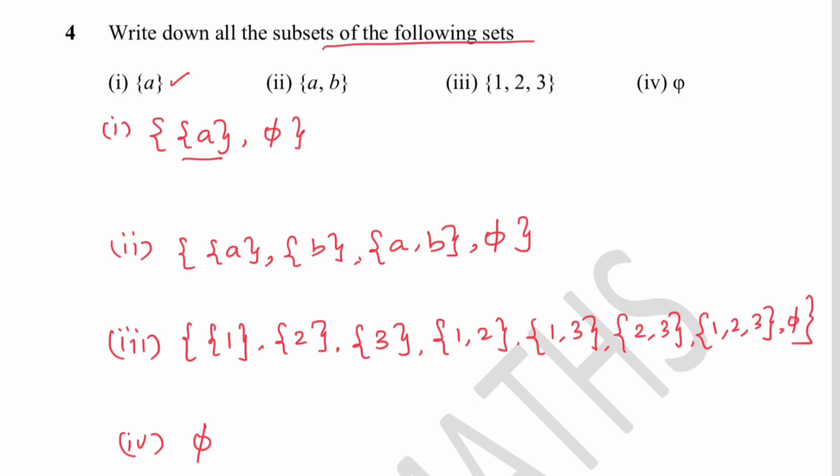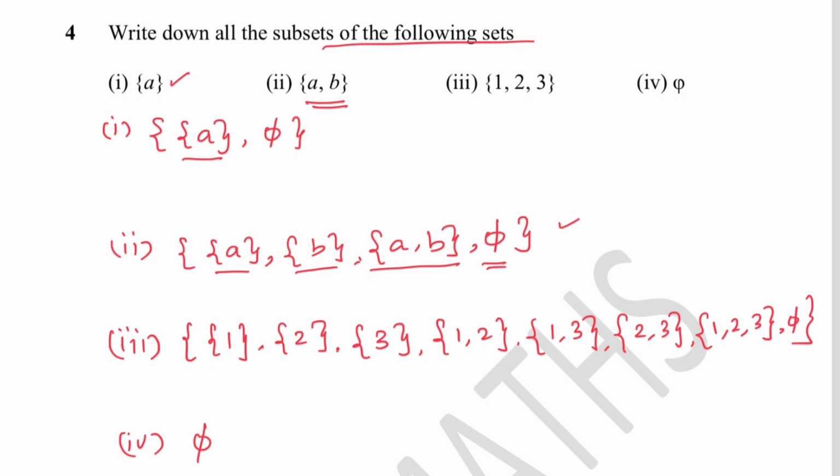And for the second question, there are 2 elements A, B. So write down all the singleton sets first. Singleton set A, singleton set B, then the set itself containing 2 elements, then the empty set. So these are the subsets of the second set. And 1, 2, 3.